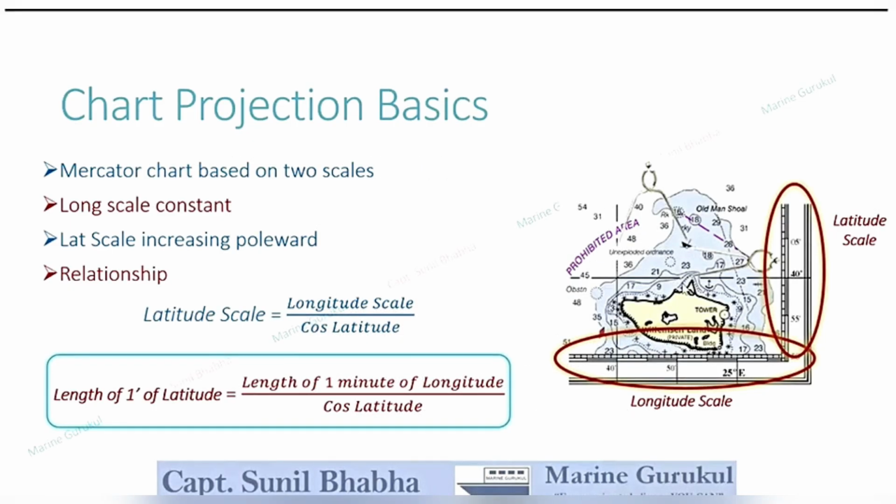So sir, this one is just for the Mercator chart, but when we are taking distance in chart work, we use only the latitude scale, right, sir? That's right, beta. Distance is always measured on the latitude scale. And in chart work also, you remember when we pick up the distance, we always keep it close to the latitude where both the positions are. We never go too much up and down from there.